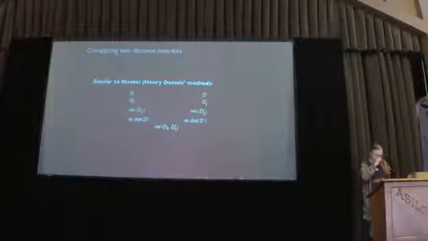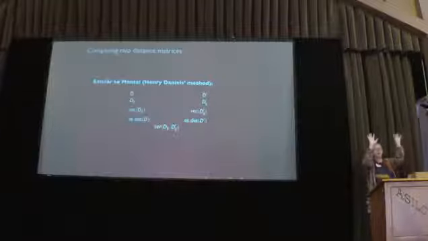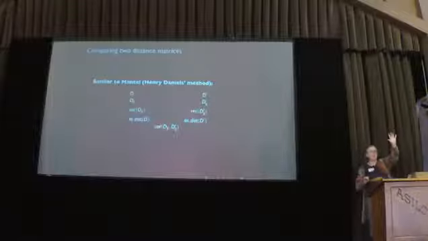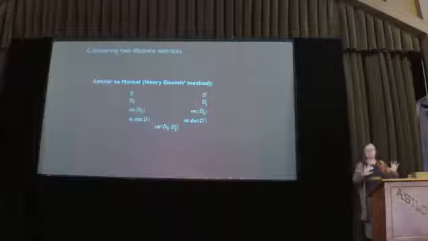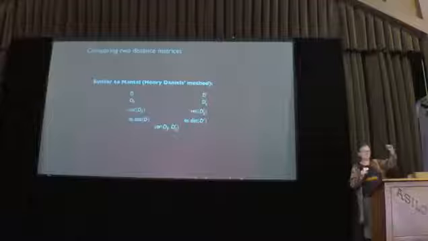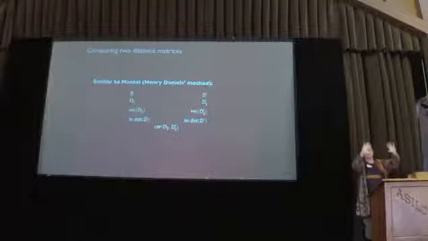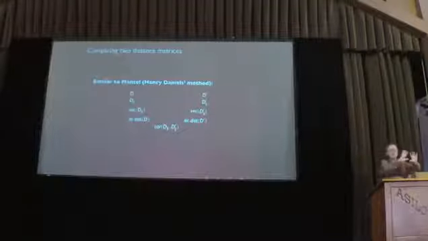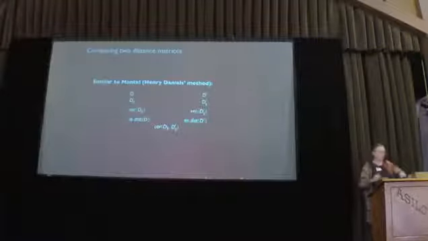It actually is a generalization of a very old method. Henry Daniels had a method, it's now called the Mantel method, where you have two distances, say distances between how people spend their leisure and geographic distances. And you could ask, if you look at different locations, San Francisco and Boston and so on, can you make a correlation between those two distances? So correlation between two distance matrices is very much like correlation between ordinary data.